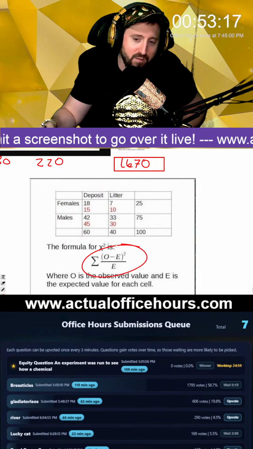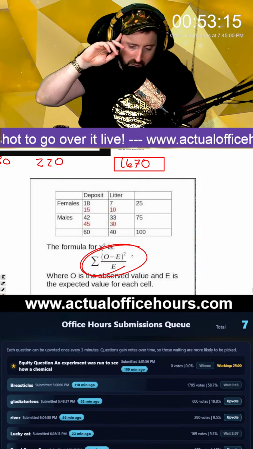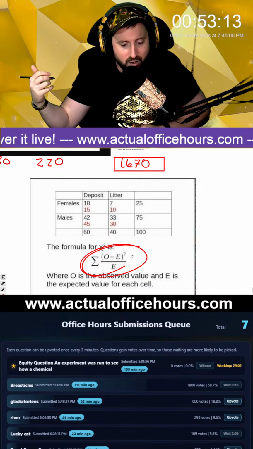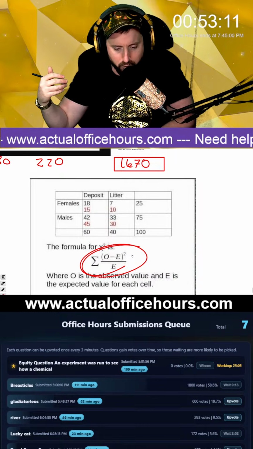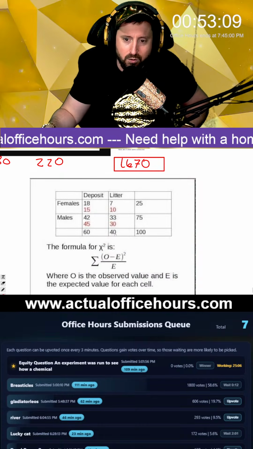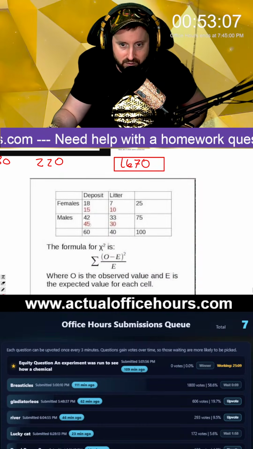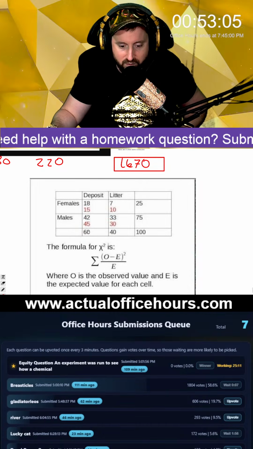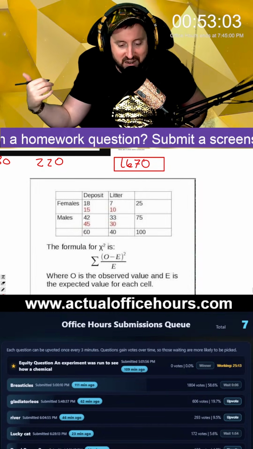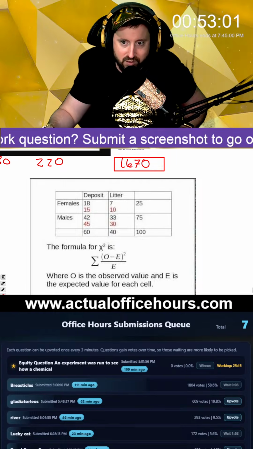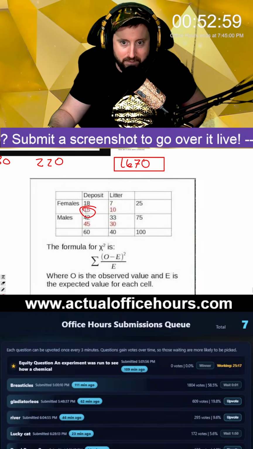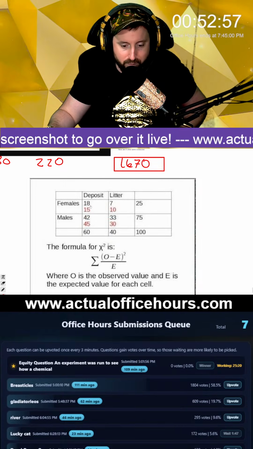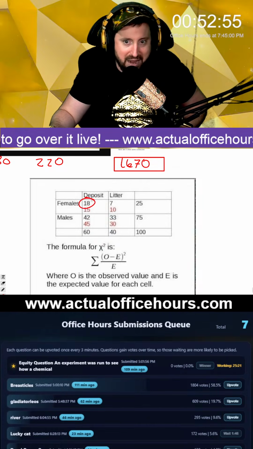And then what you're doing is very similar to doing sum of squares, almost like a regression type thing. You're seeing if the squared difference between these is significant. So for instance, we would expect 15 girls to put the trash in the recycling, but 18 did.